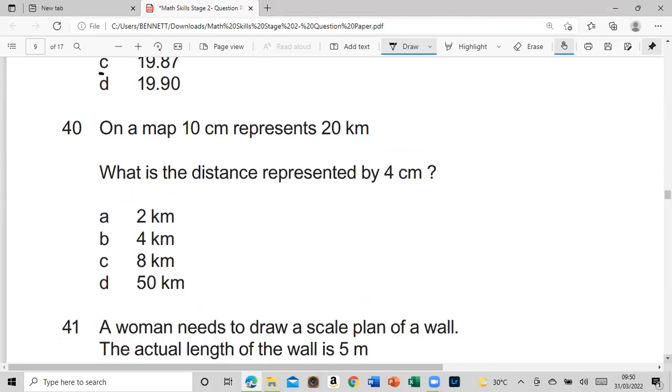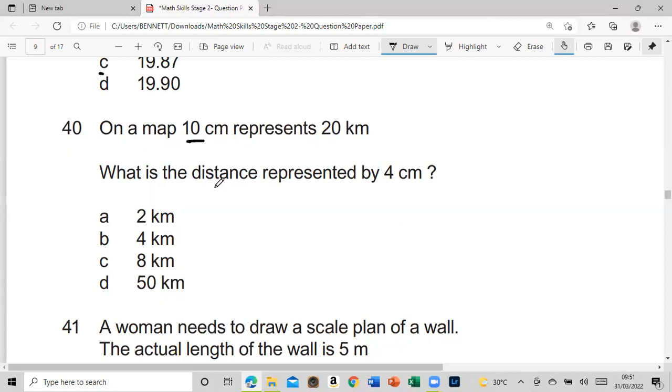Map reading. We say on a map, 10 centimeters represent 20 kilometers. What is the distance of 4 centimeters? Okay, good question. We can break it down. 10 centimeters represent 20 kilometers.